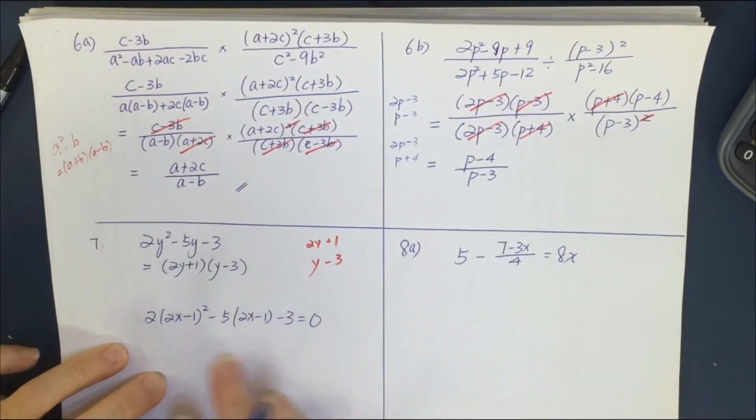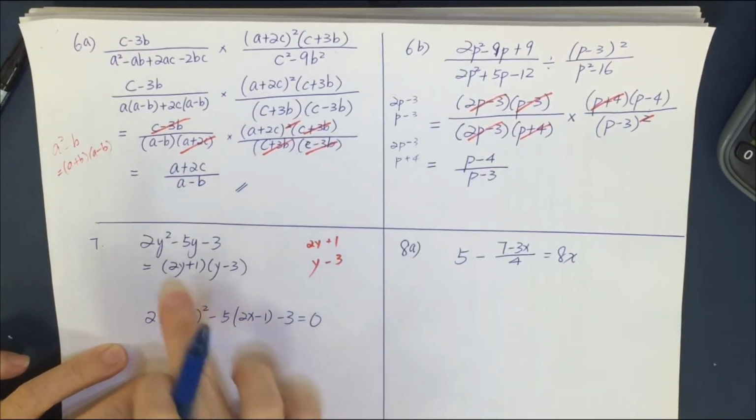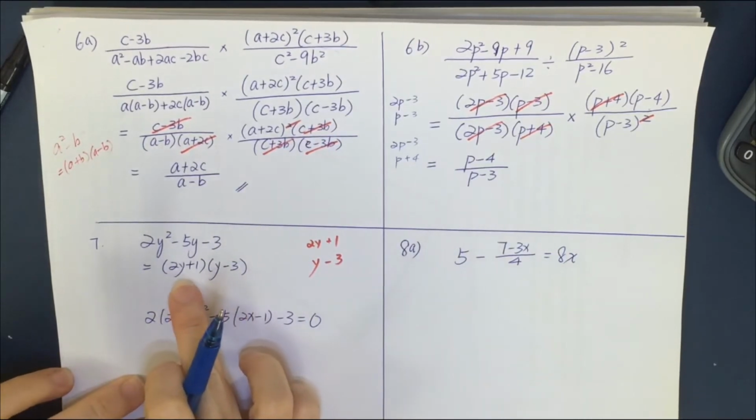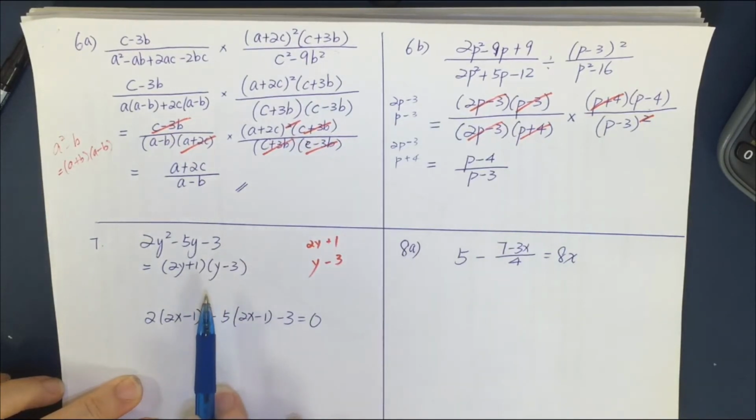But the only thing is that this one is an equation. So I'm going to solve this equation. Just now I was factorizing it, so I'm not solving any equation there. I'm solving the equation here, but not there. This one just factorize and done. Don't tell me the answer is y equals 3 or y equals negative half.